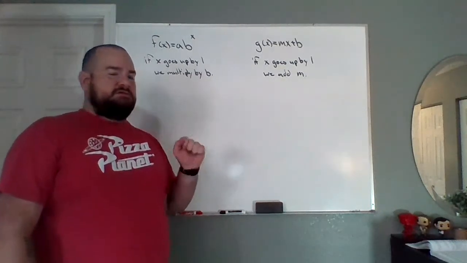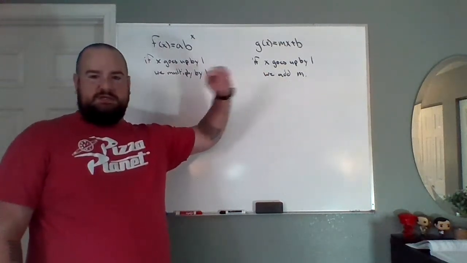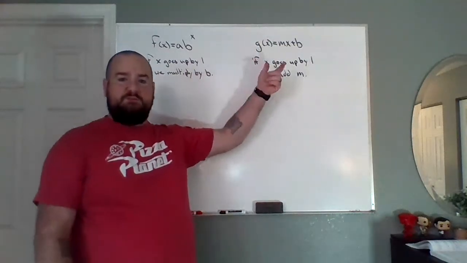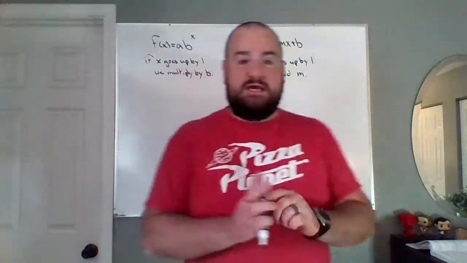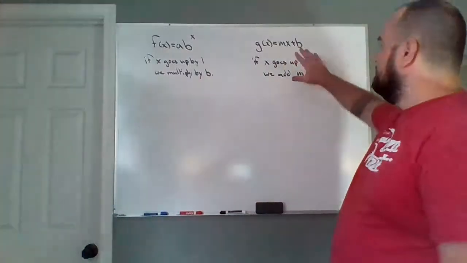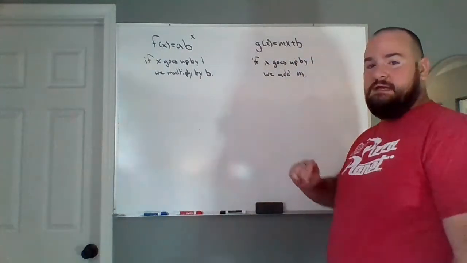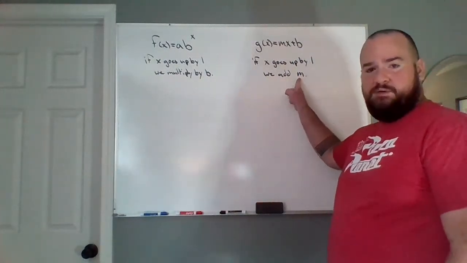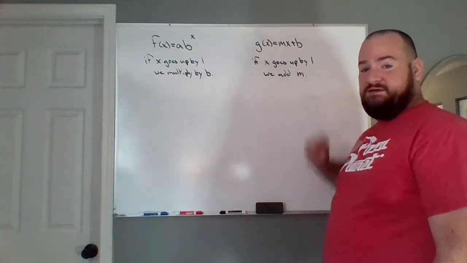Okay? Now, we know that m is the slope from just looking at this equation, but what else do we know about this function g of x, just by looking at it, not doing anything else? I look at this equation, I know two things. I know the rate at which it changes, its slope, and I know its y-intercept, right?